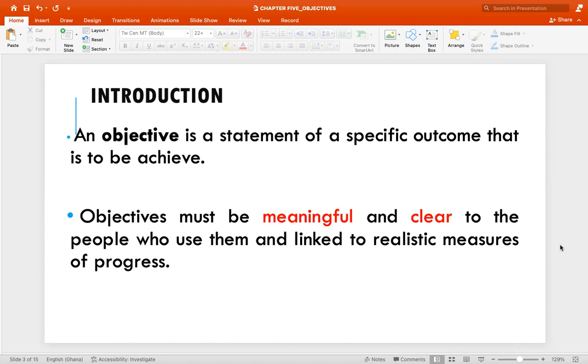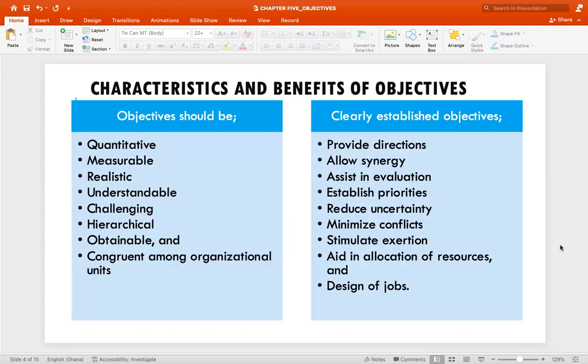They must be meaningful, because at the end of the day, employees must find them meaningful in order to commit their energy and time towards achieving them. So objectives must be linked to making realistic progress, such that as the organization keeps achieving the objectives, they should feel that they are actually moving from point 1 to point 2 or point 2 to point 3. All right.